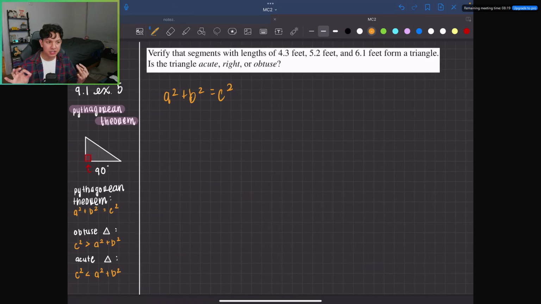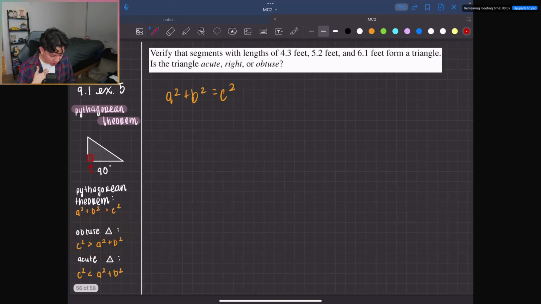Here are the two other conditions. We will have an obtuse triangle if c squared is greater than a squared plus b squared. And then we will have an acute triangle if your c squared value is less than a squared plus b squared. So let's go ahead and see for this value.